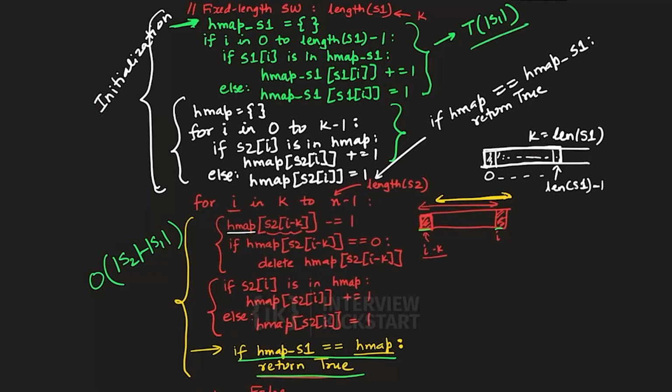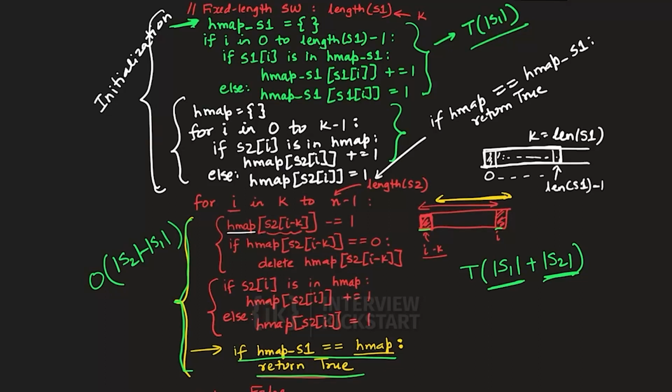This took time proportional to the length of S1, and so the overall time for this procedure is going to be roughly the length of S1 plus the length of S2. Looking at all the characters of S1 to create the initial hash map, and then looking at all the characters of S2, not just to create the initial hash map, but also as we are iterating through this for loop.